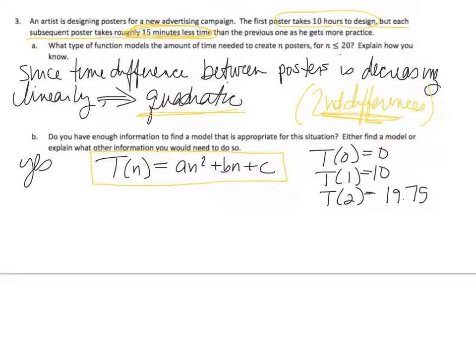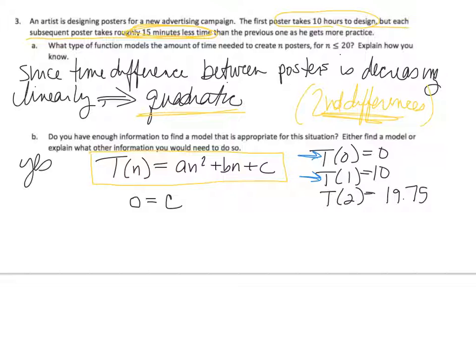So first let's plug in 0 for n, and I get 0 equals. n squared is 0, so my a term is gone, my b term is gone, my c term is 0. Now how about for n equals 1?